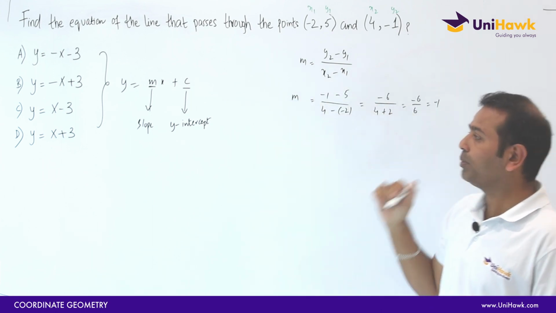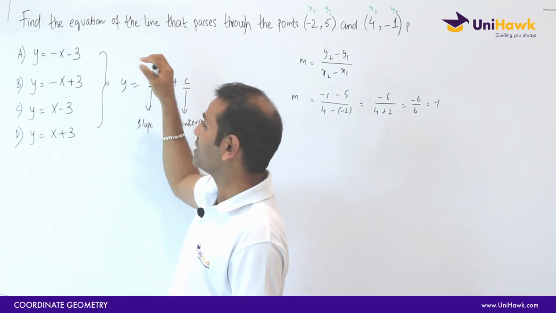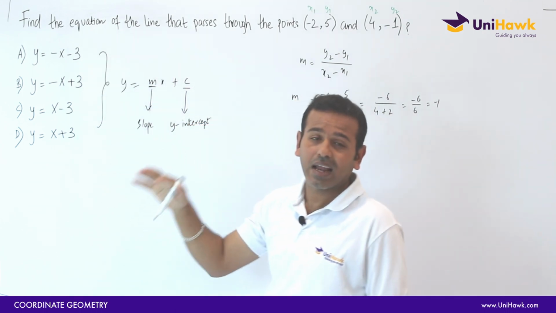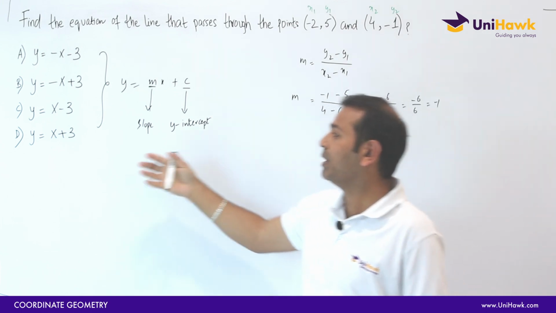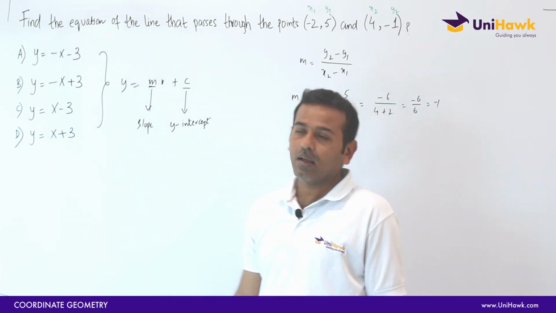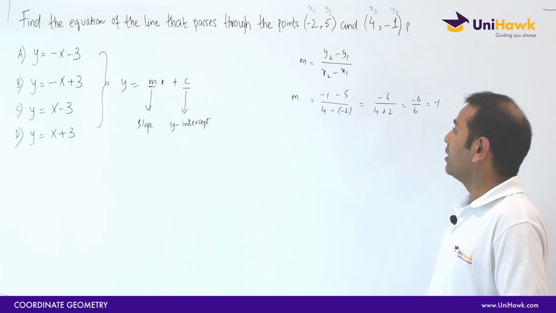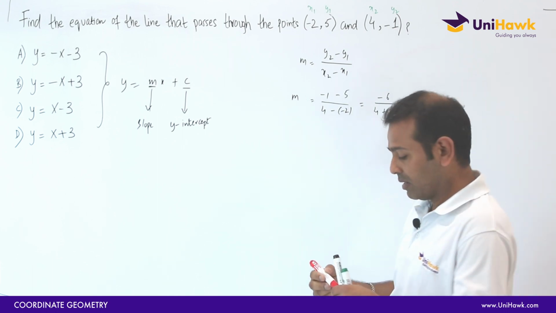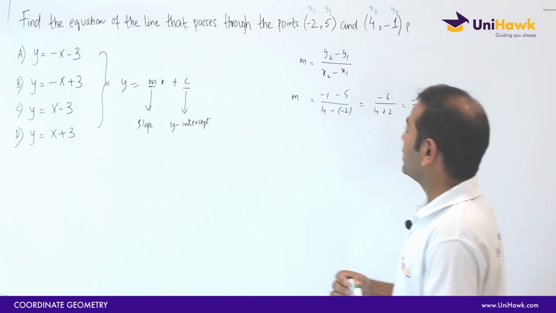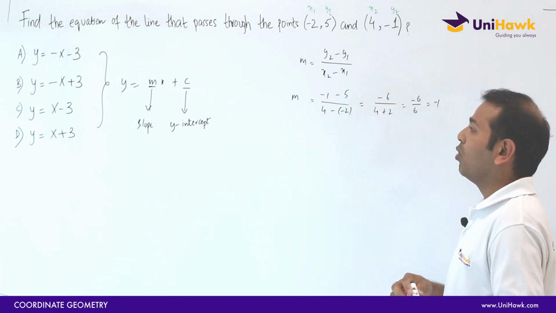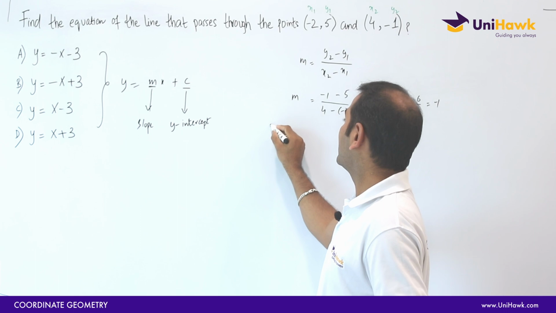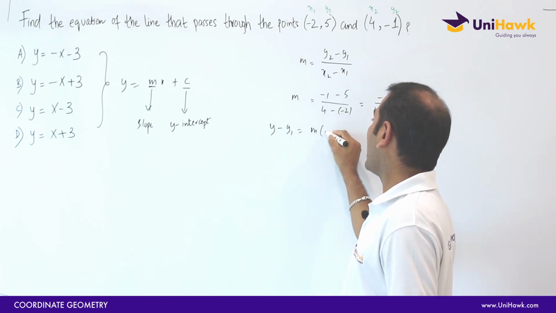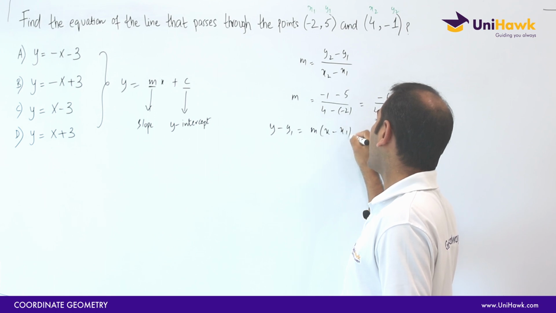Now if you look at the options, there are only two options which are representing -1. Which are they? A and B. So in this way, at least if you reach till here, you can eliminate the options C and D, right? Now, how do you finalize between option A and option B? For this, we need to know the formula y minus y1 equals m times x minus x1.